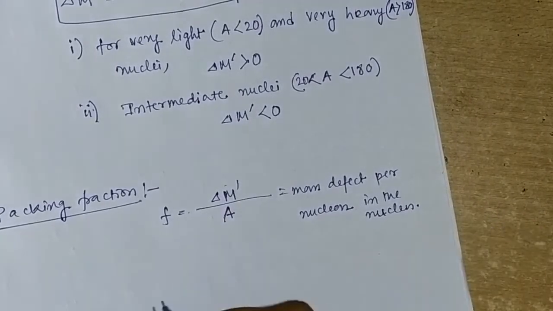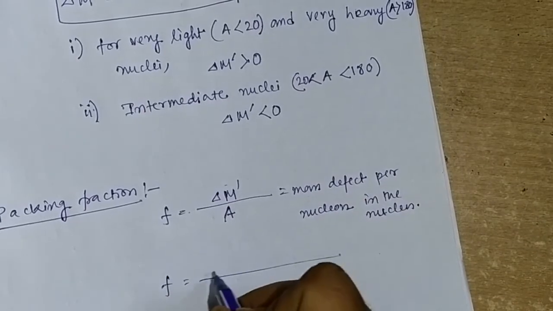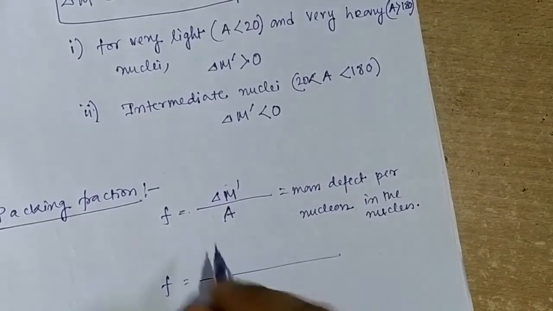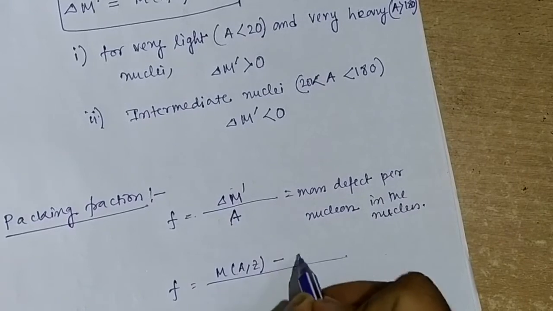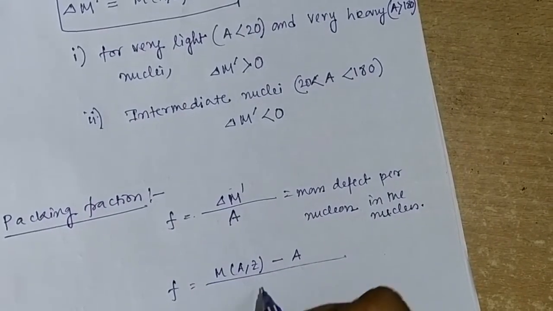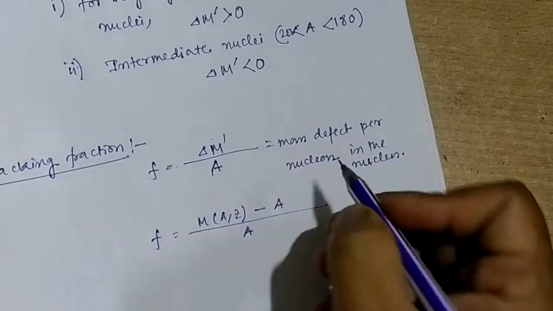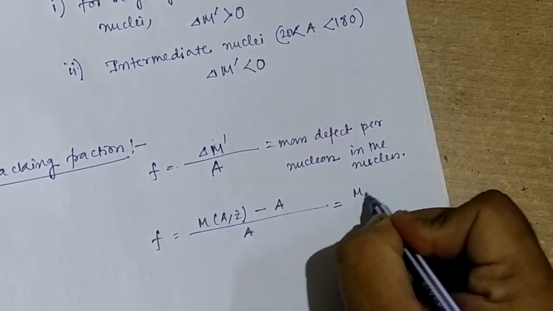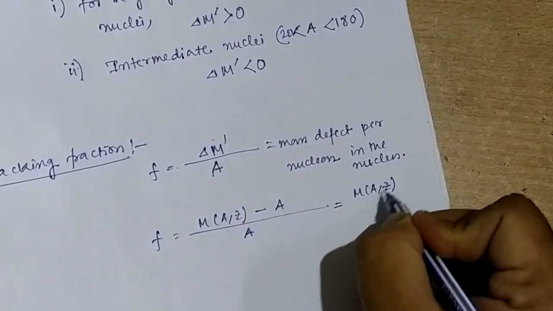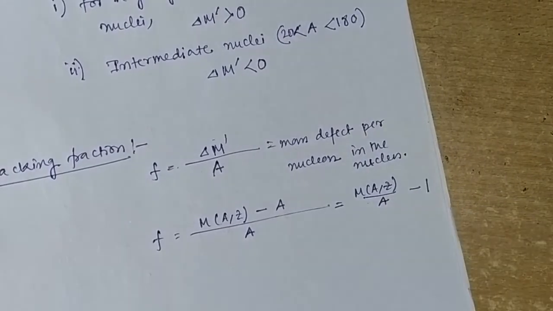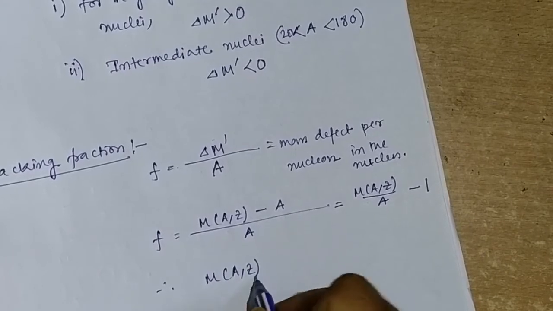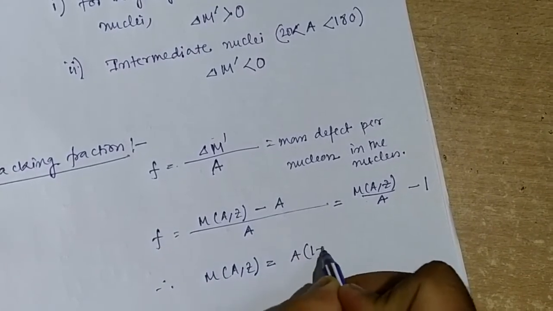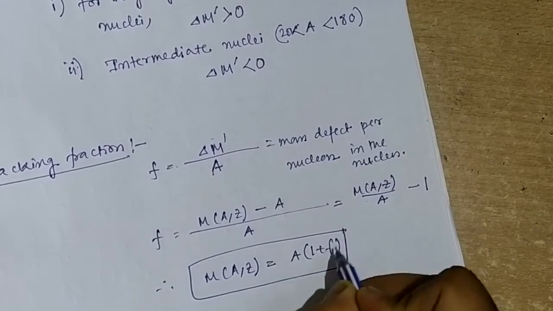Now f equals del m prime over A, so I put it here. That means M(A,Z) minus A, divided by A, and it becomes M(A,Z) by A minus 1, and from here we get an expression of M(A,Z) in terms of packing fraction and mass number. Clear?